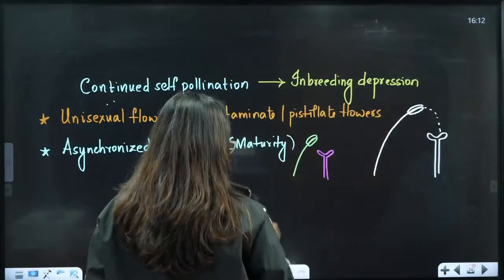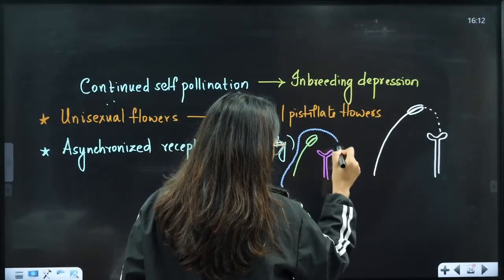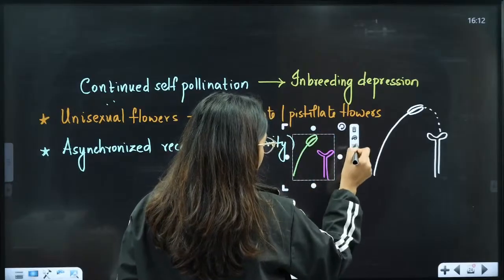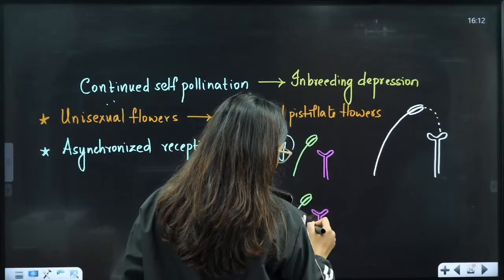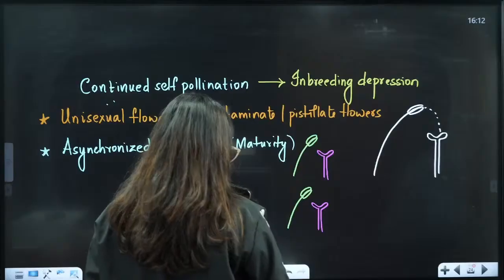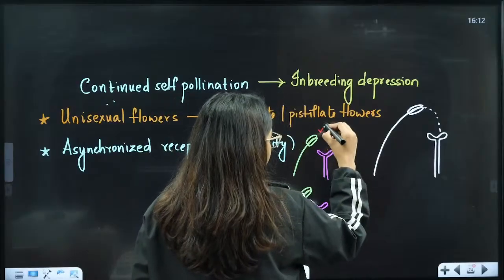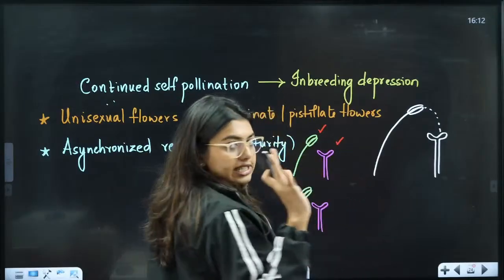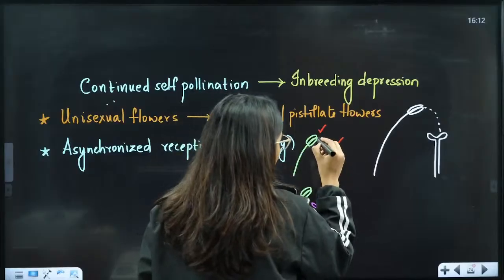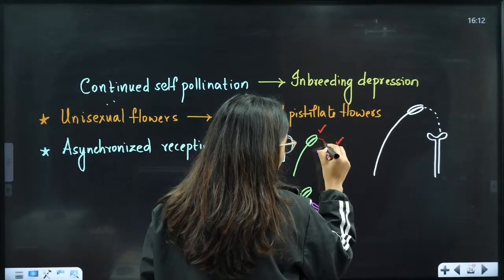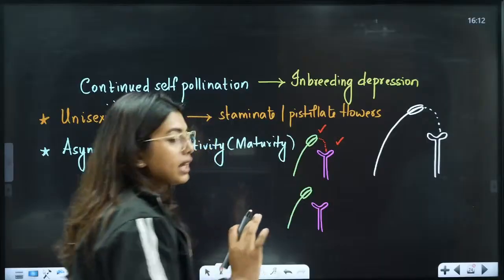Okay, look here, what is going to happen? In the normal scenario, students, the anther and stigma become receptive at the same time. That means the anther will mature at the same time and the stigma also will mature at the same time. So the pollens from the anther will land on the stigma and fertilization will continue.